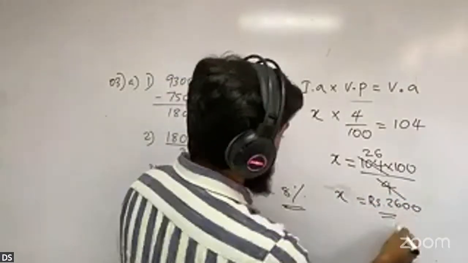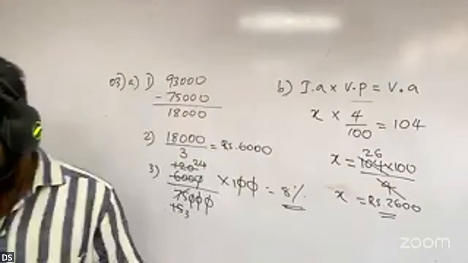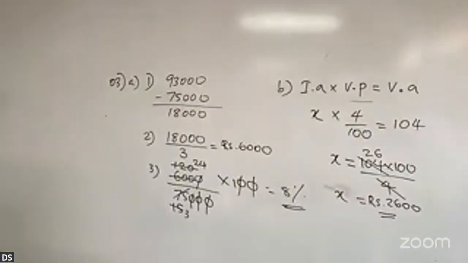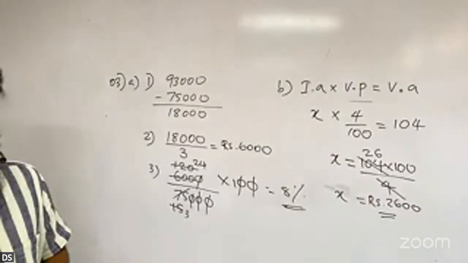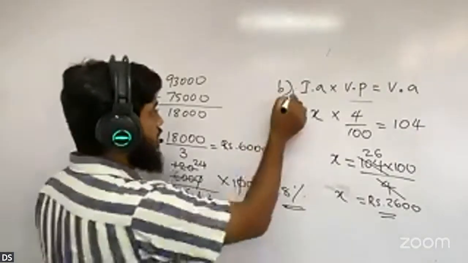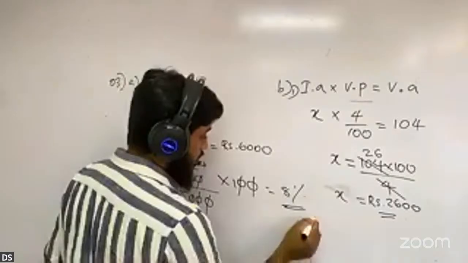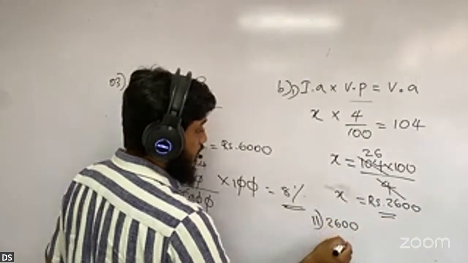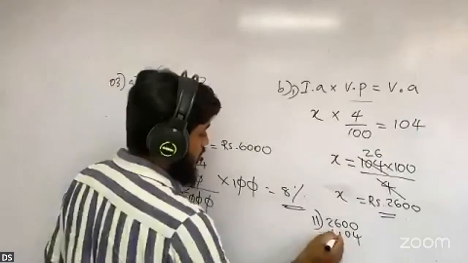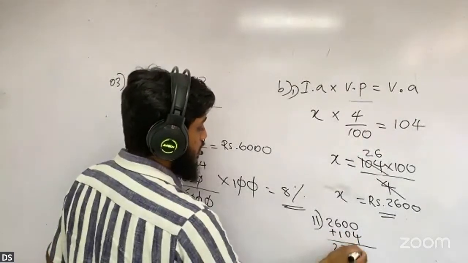Now this 2,600 is his water bill. Find the value of the water bill including VAT. The VAT amount is 104. So what is his water bill including VAT? For this 2,600 you have to add 104, so you get 2,704.